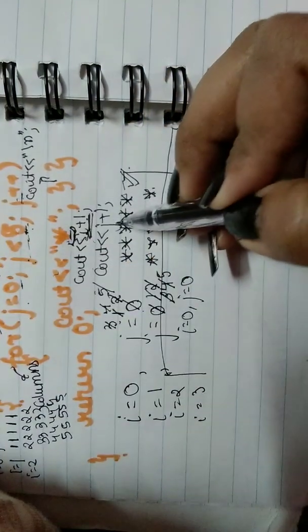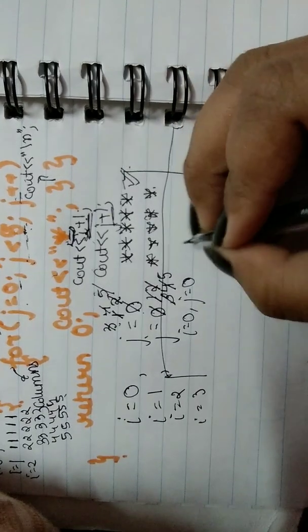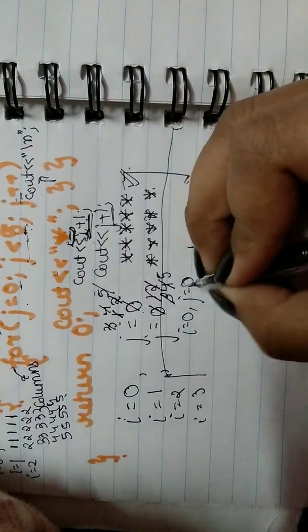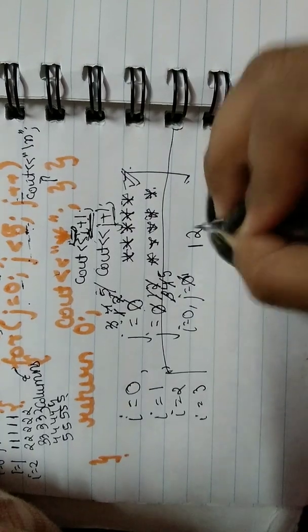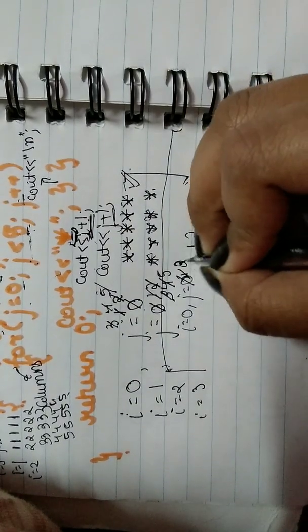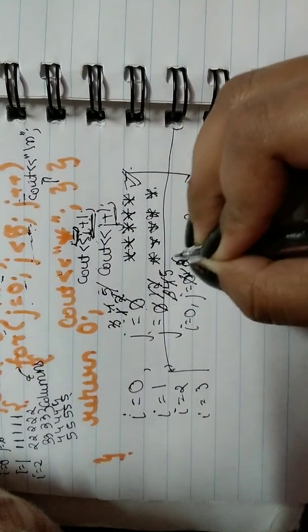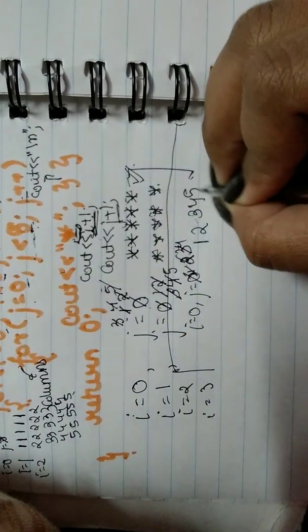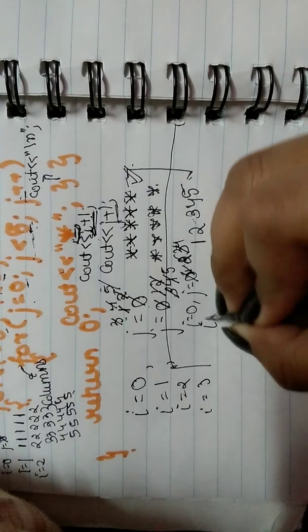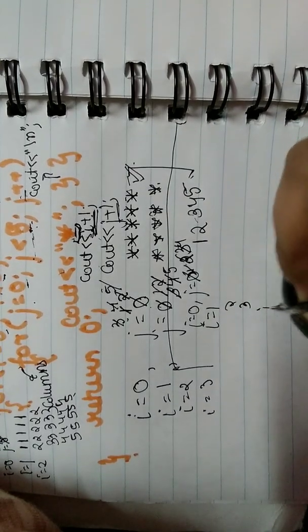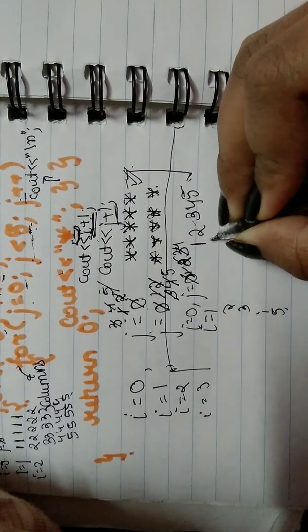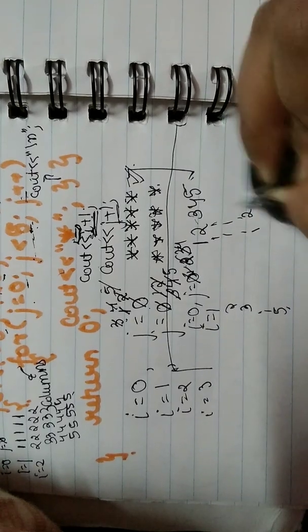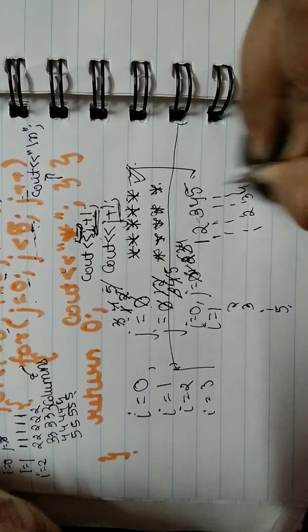It will come inside and print j plus 1. j is currently 0, so 1 will be the output. Similarly, when j is 1, we will print 2. When it is 2, we will print 3. When it is 3, we will print 4. When it is 4, we will print 5. Now the loop terminates. Similarly, for i equal to 1, 2, 3, 4 till 5, this sequence will be printed and we get our resultant pattern as above.